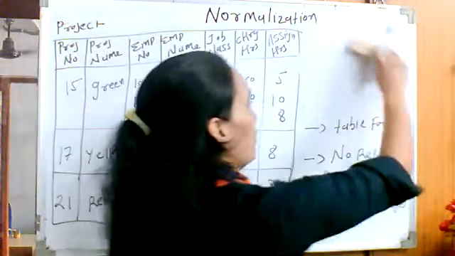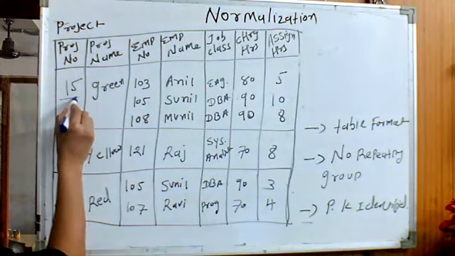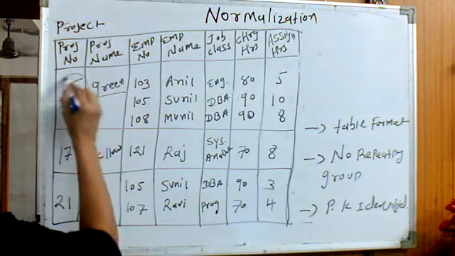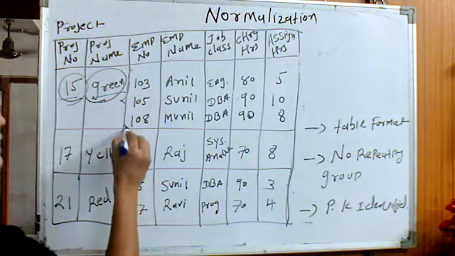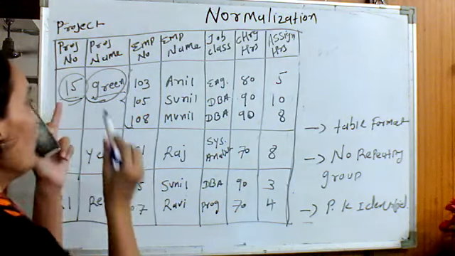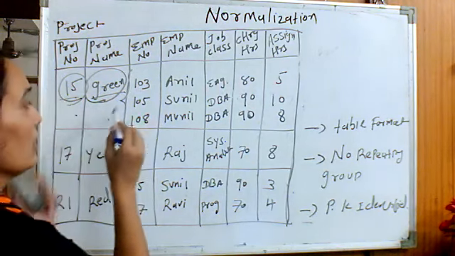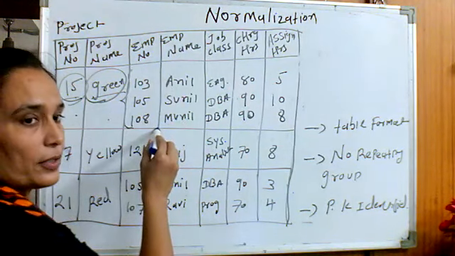Okay. We can see here there is one project number, project name. One project number and one project name contain more than one employee number. It means project number 15, project name Green, has 3 employees who are working in this project.